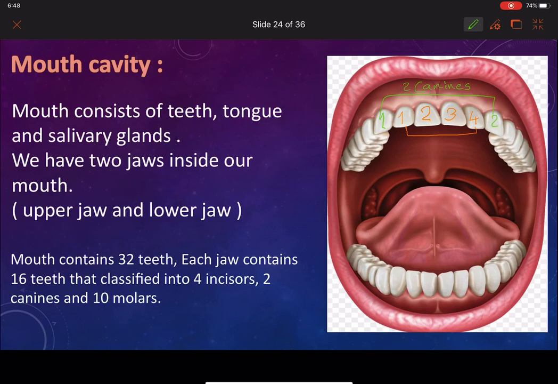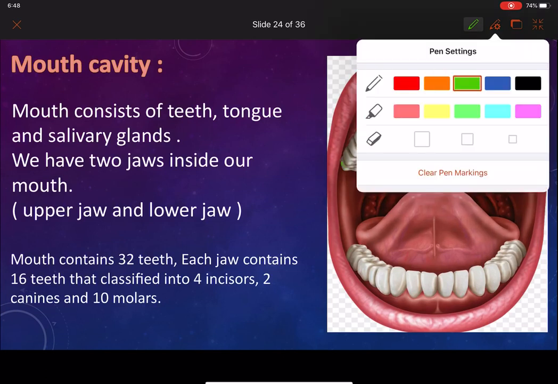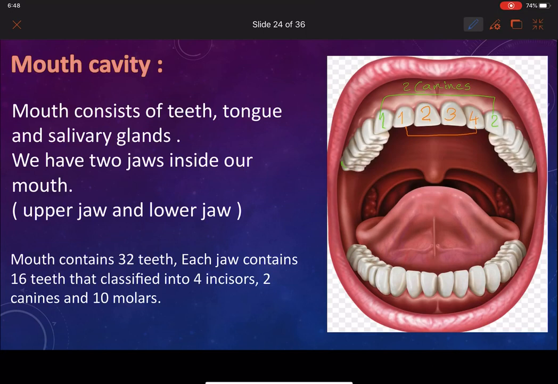Let's change the pen color. 1, 2, 3, 4, 5, 6, 7, 8, 9, 10. These are the 10 molars. Okay?